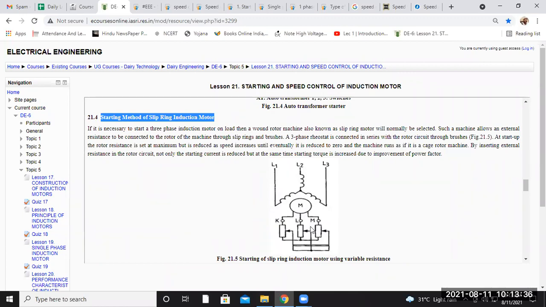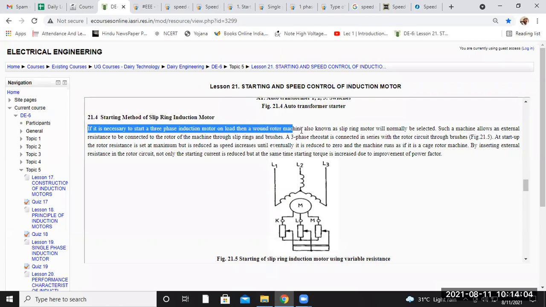Now in that case, some load is provided to the terminal of the induction machine. These are lines L1, L2, L3. This is the star connection, this is the output of the machine, and these are resistances connected. As it is written, if it is necessary to start a 3-phase induction motor on load, then a wound rotor machine, also known as slip ring induction motor, will normally be selected.